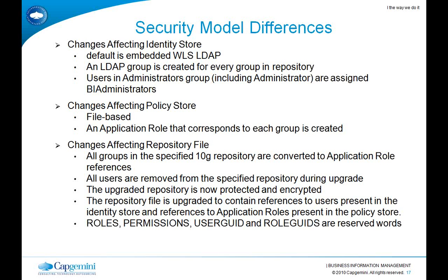The reason for an application role is that previously, when you did migrations from, say, dev to test to prod, you always did it by groups. Well, in some locations, people had different groups based on their environment, maybe a development group versus a production group.